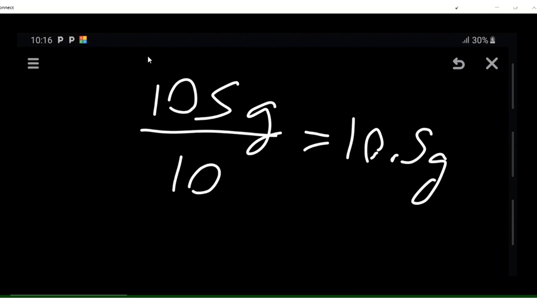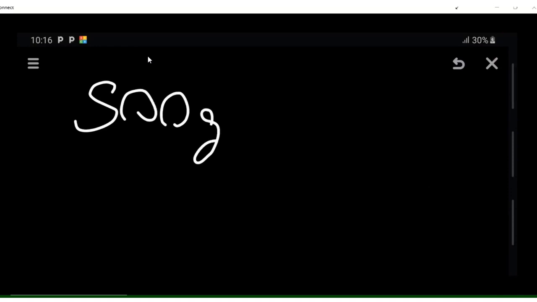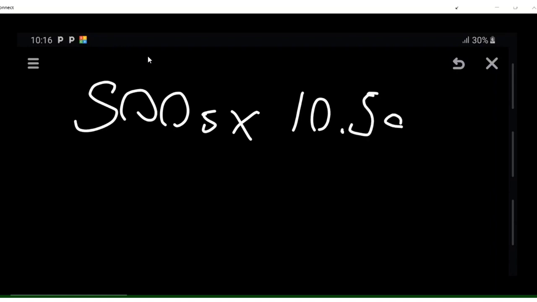Now you want to know the mass of 500 sweets. So what you do is you write your 500 sweets. These are sweets, not grams, so I just put S for sweets, multiplied by 10.5 grams over sweets.